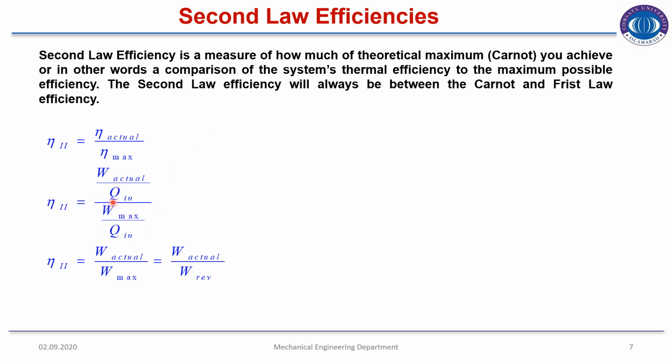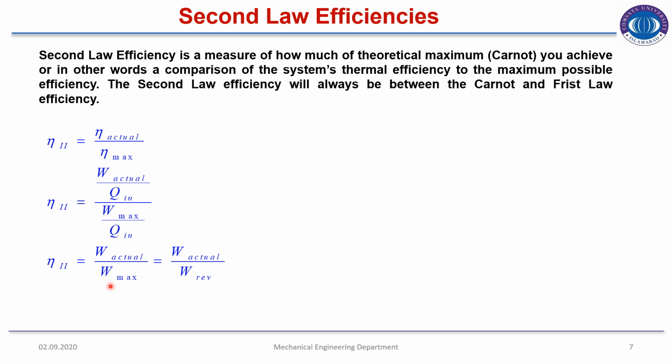Actual efficiency is W actual divided by Q in, and maximum thermal efficiency is W max divided by Q in. So Q in cancels out, and the term left is second law efficiency equal to W actual divided by W max.